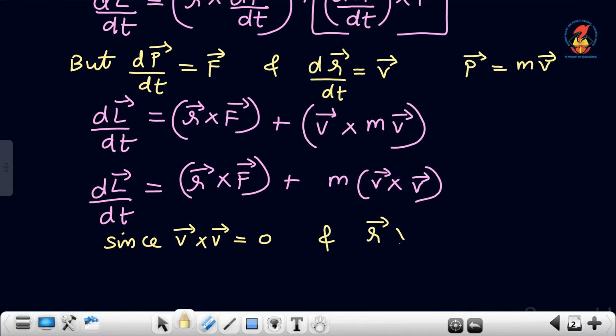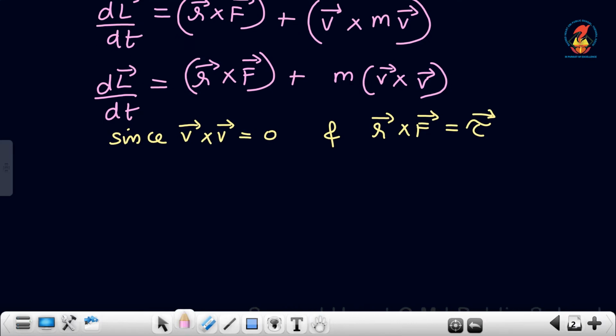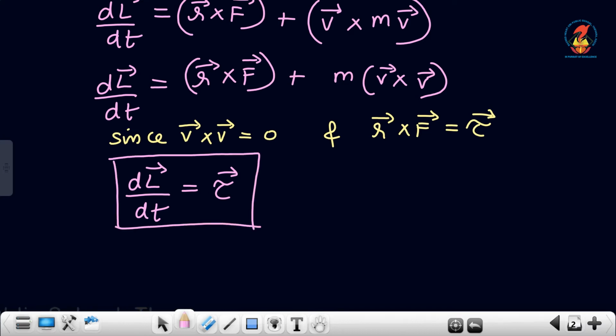Torque. r cross F is equal to torque. So I substitute both of them there. I get the equation dL by dt is equal to r cross F, which is torque, and v cross v is 0, so this term becomes 0. So I got the final answer, dL by dt is equal to torque.